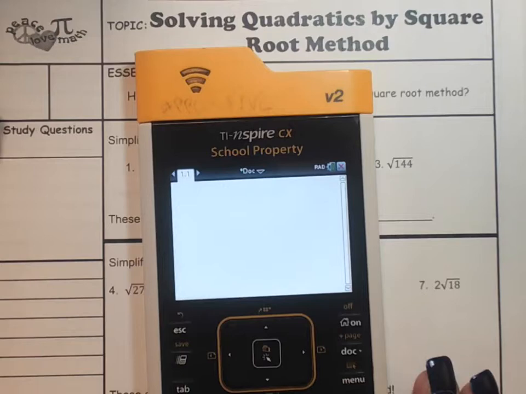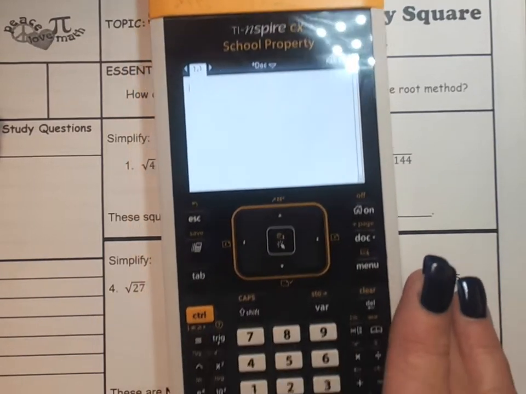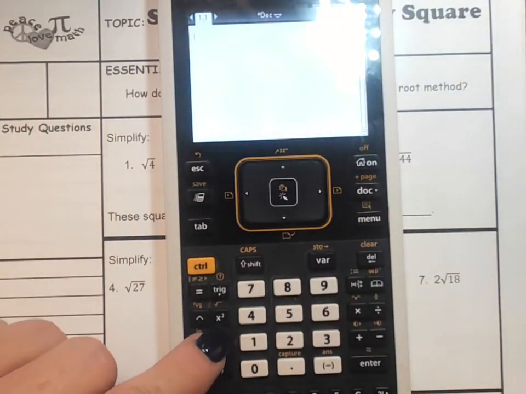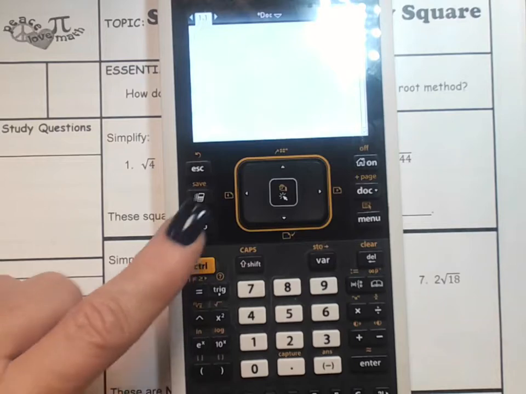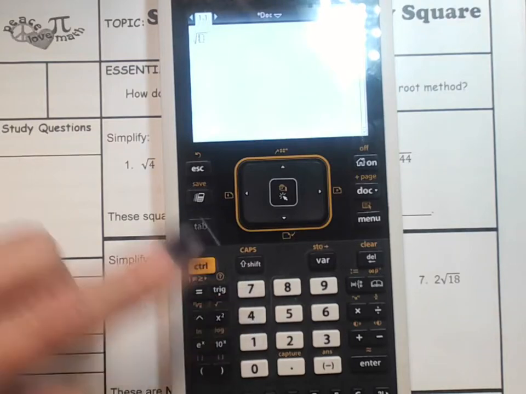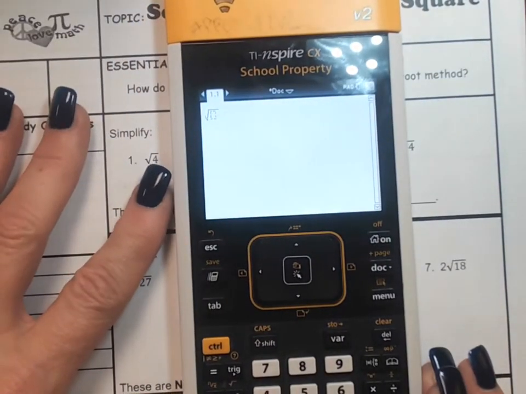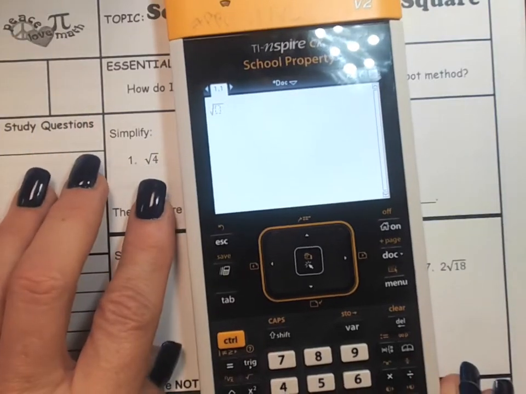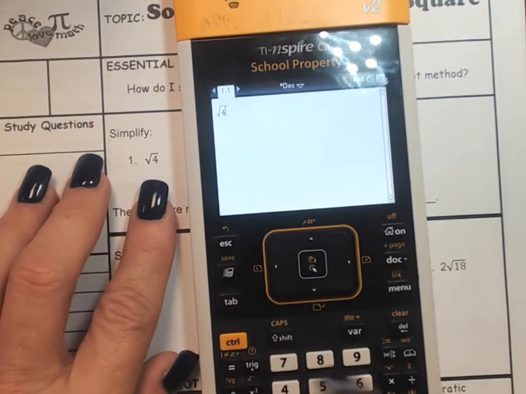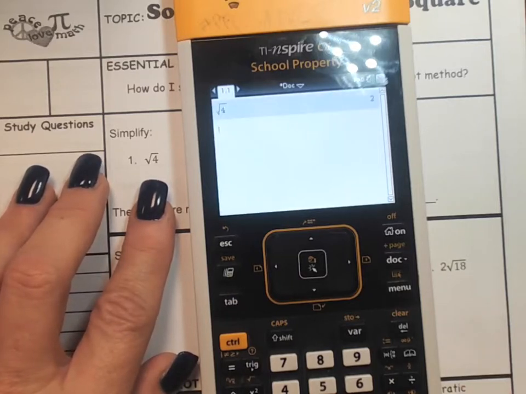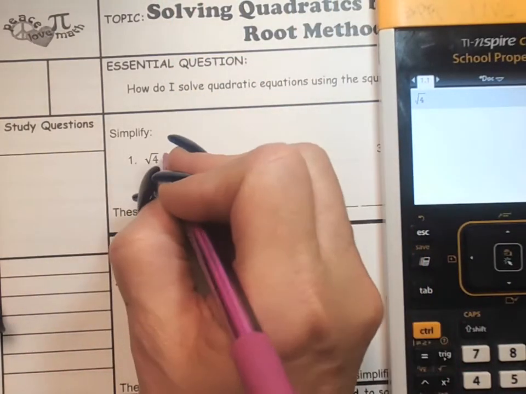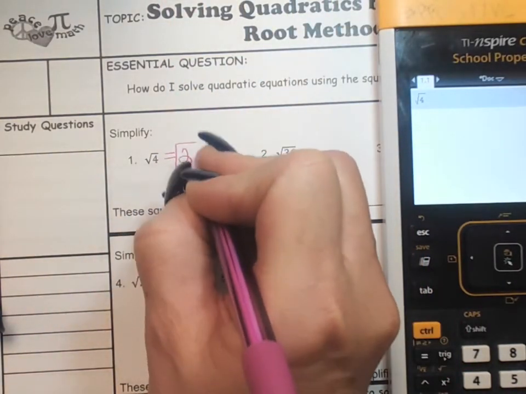To put the square root symbol in, you press Control and the square root key, and the symbol shows up. The first one we're going to do is the square root of 4. You type in 4, hit enter, and it gives you 2. So the square root of 4 is 2.